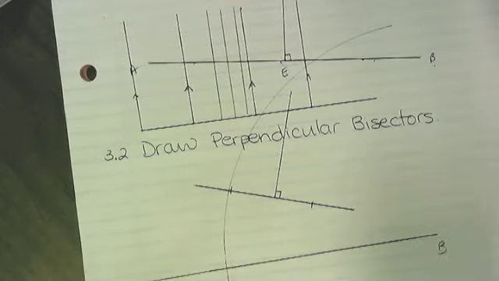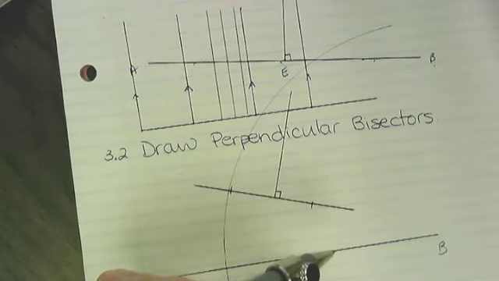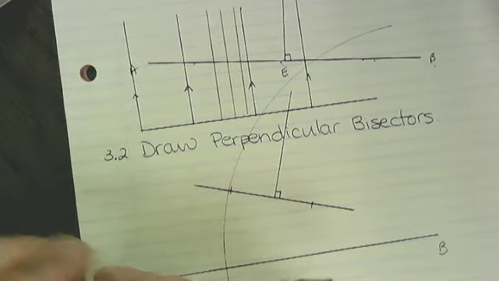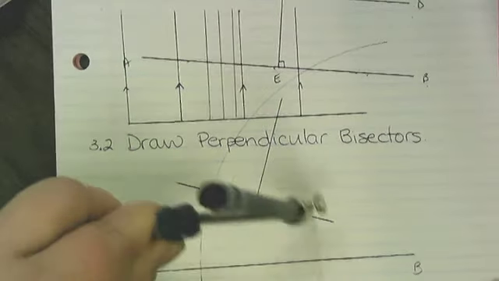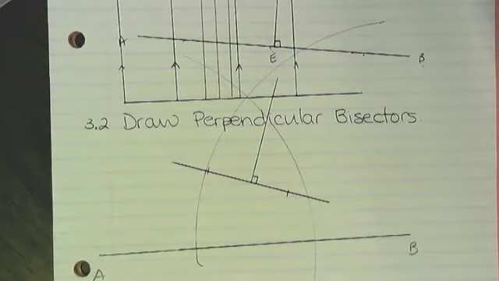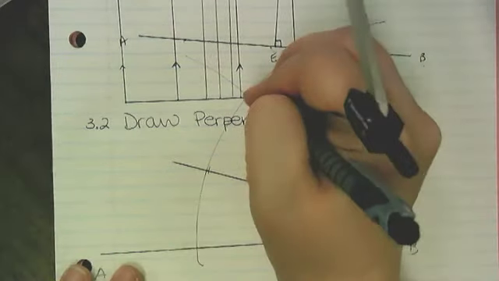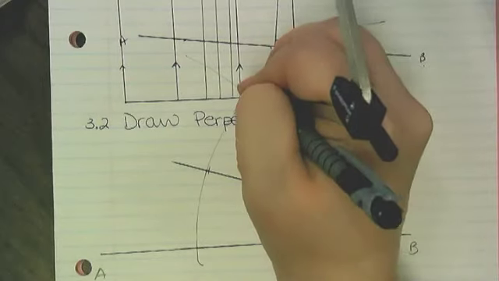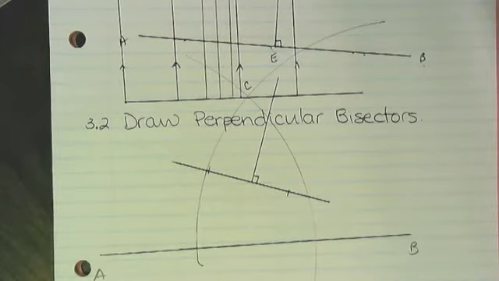No. I put my point on A. And I draw an arc. And then when they meet, that's the exact middle. I label this point. I'm going to label this C.